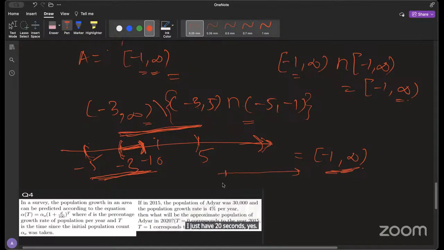The intersection part I understood, but after this I couldn't. This is -3 to infinity, and you need to subtract -3 to -1. Note that these two points are not included in the interval -3 to -1. Oh, okay. So when you exclude it from this whole line, this would be included here. So you get -1 included to infinity.